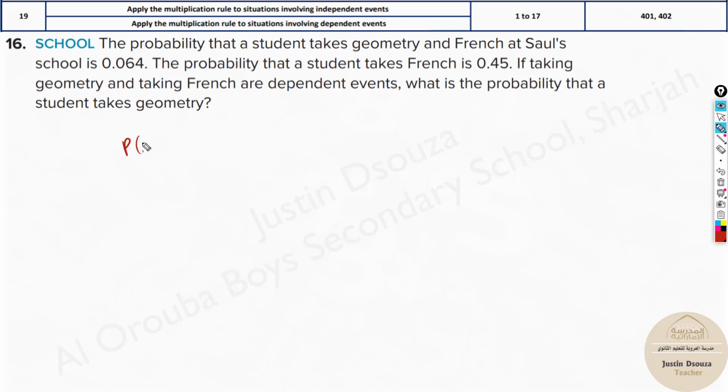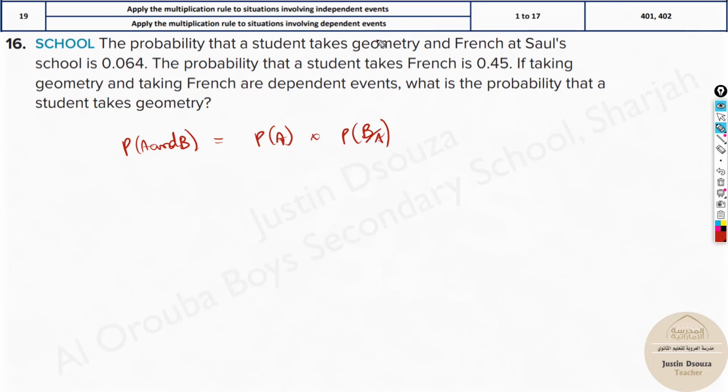P of A and B is equal to probability of A multiplied by the probability of B given A, right? Given that A has already occurred, this probability changes. So we don't write just P of B. If it was independent events, we just write probability of A and probability of B. But since they are dependent, we write this as the formula.